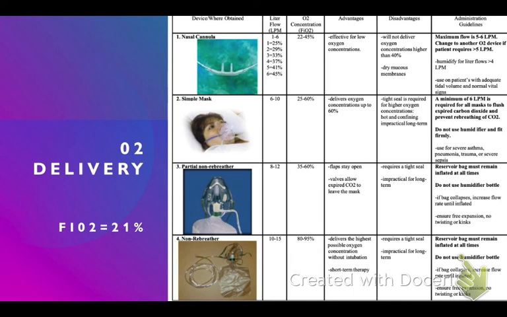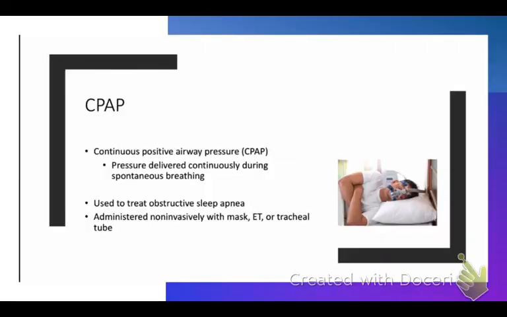There is an oxymizer that would go in between the nasal cannula and simple mask, and it just gives you a little bit more oxygen than the nasal cannula. The CPAP is another. It's a non-invasive positive pressure therapy. It's continuous positive airway pressure, delivered so that when you're breathing, it's giving you some pressure so that you can have better gas exchange.